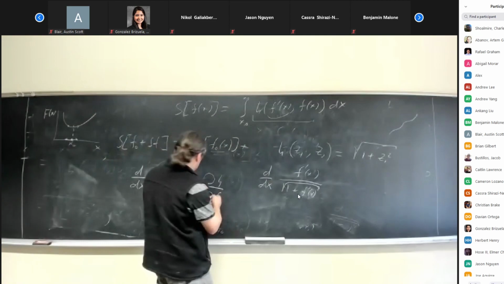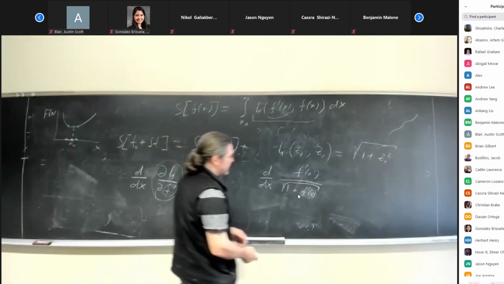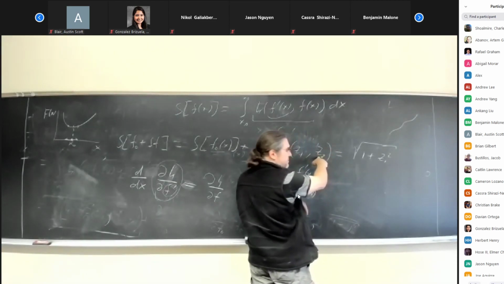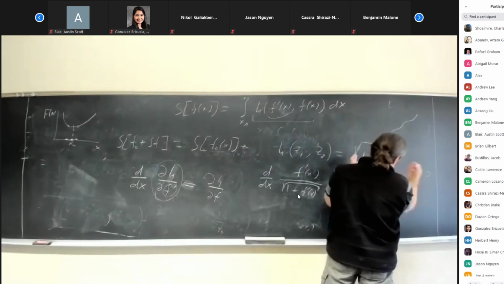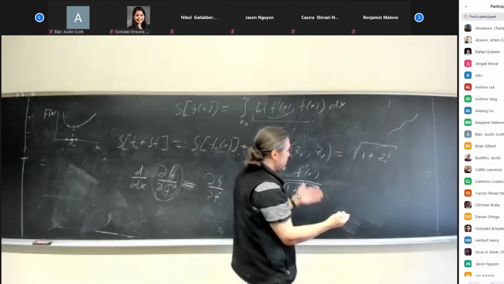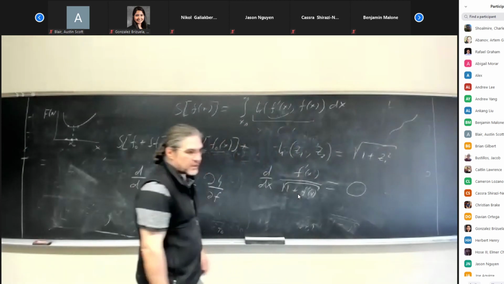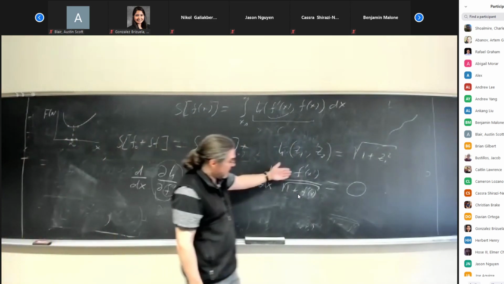That's the left-hand side of my equation. Now I need the right-hand side. I take this function and differentiate it with respect to z2, the second argument. There is no z2 here, so the derivative equals 0. It doesn't depend on z2. So this is the equation for my f prime of x.